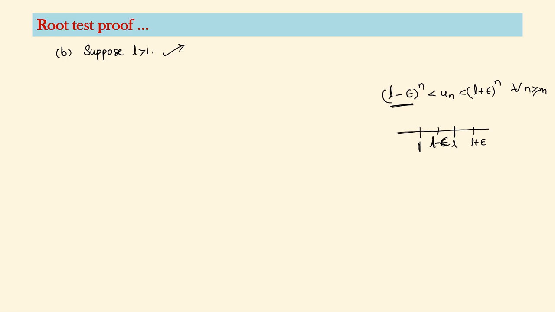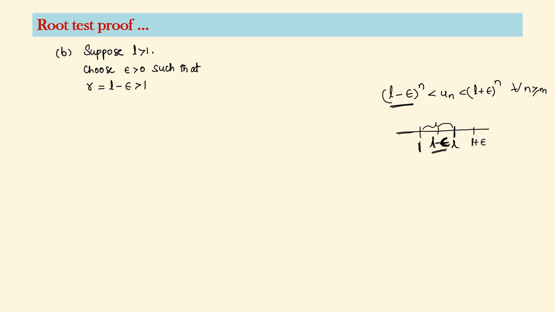We have to choose epsilon in such a way that L minus epsilon is also greater than 1. Choosing like this is possible because there are infinitely many real numbers between 1 and L. So choose epsilon greater than 0 such that our L minus epsilon is still greater than 1. Here I take L minus epsilon as R, like before.